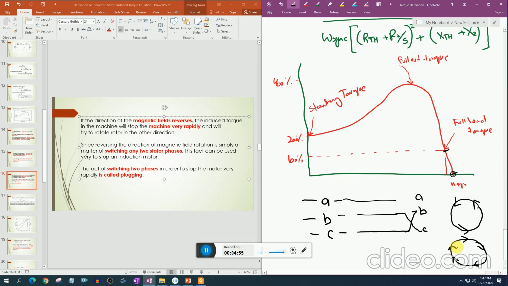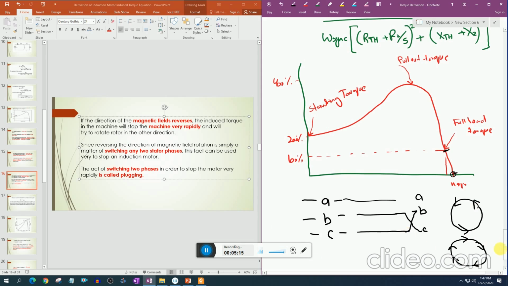In the beginning, the stator magnetic field will start moving in the clockwise direction, and when the stator magnetic field moves in the clockwise direction, it will slow down the rotor and the rotor will stop.